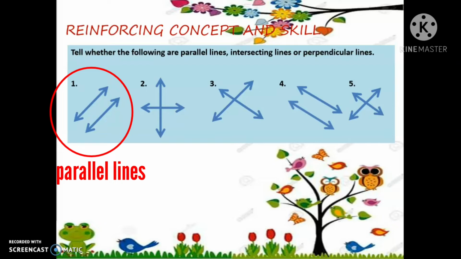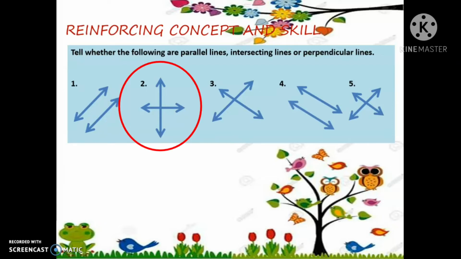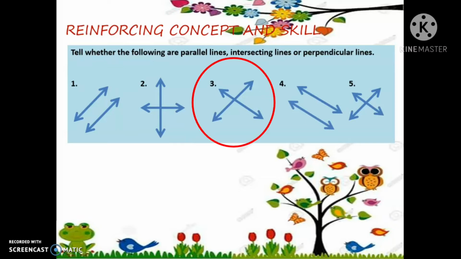The answer is parallel lines. How about number 2? Correct. The answer is perpendicular lines. How about number 3? Correct. The answer is intersecting lines.